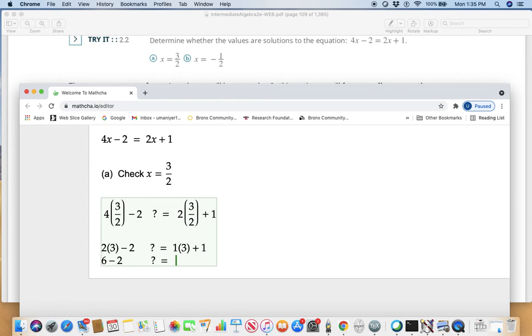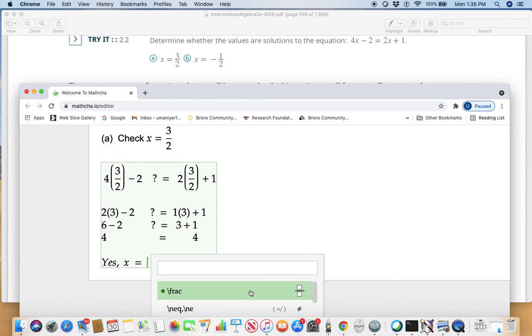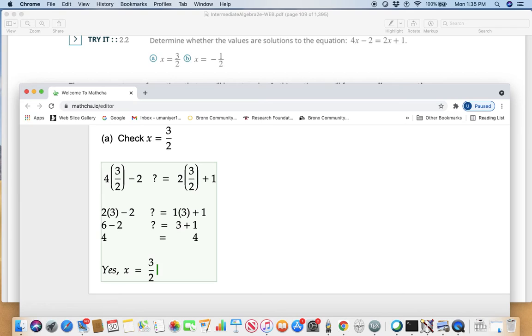Question equals 3 plus 1. 4 and here is 4. So they are indeed equal. So what does that make? Yes. X is 3 halves, a solution. All right. Next one is x equals negative half.